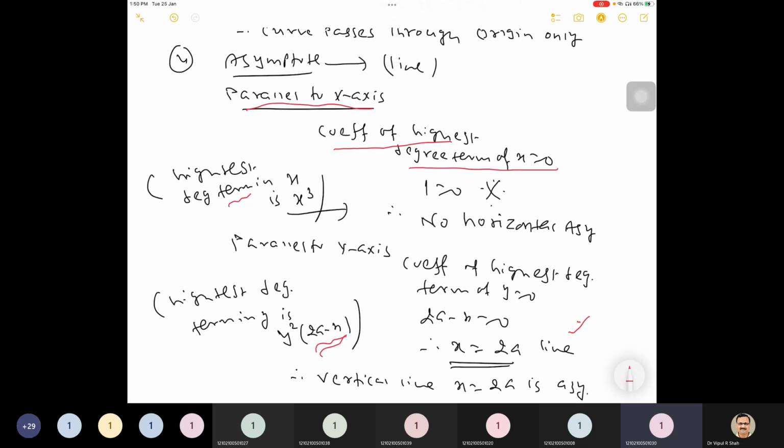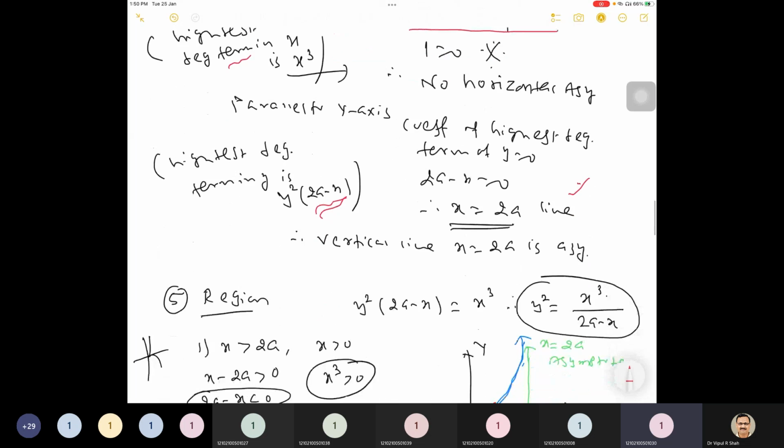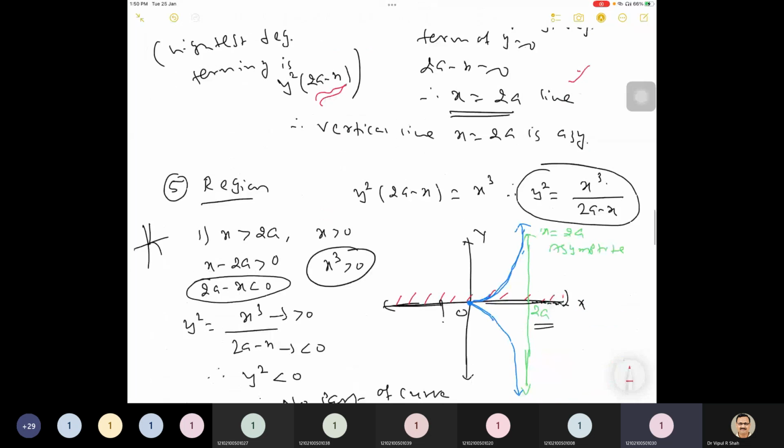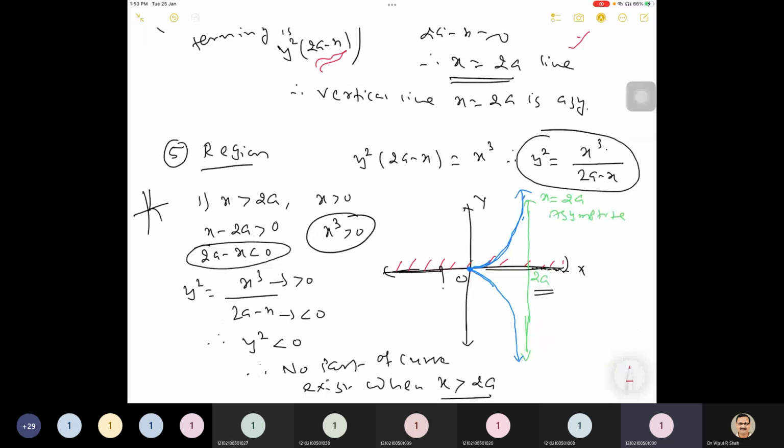So we found the asymptote also. Now, two things you need to do parallelly. One is region and another is tracing of curve. Now see, we have started tracing of curve. So we write here x-axis, then y-axis here, and this suggests that the curve is symmetric about x-axis.